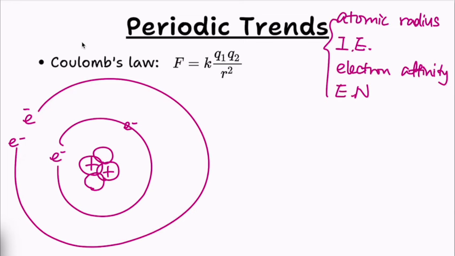Then the atom size is determined by the attraction force between the valence shell electrons and the nucleus, which carries a positive charge. We know that like charges repel and unlike charges attract.